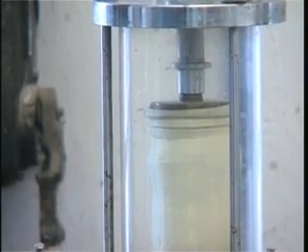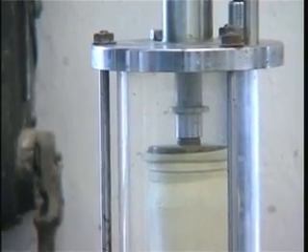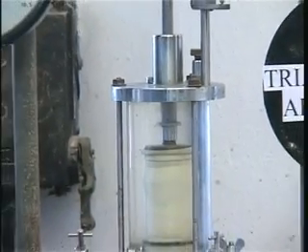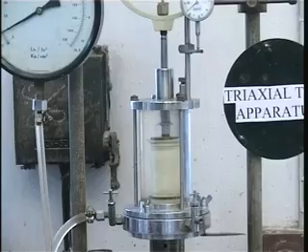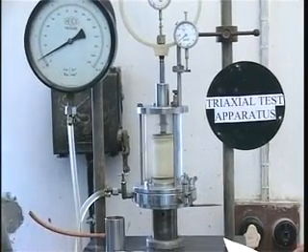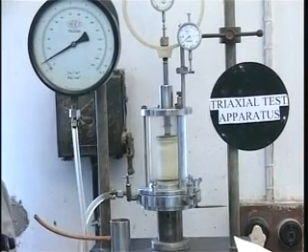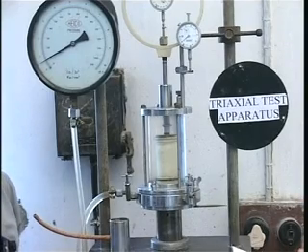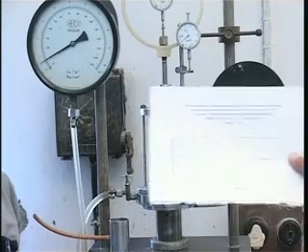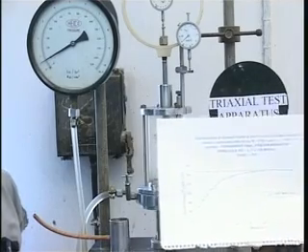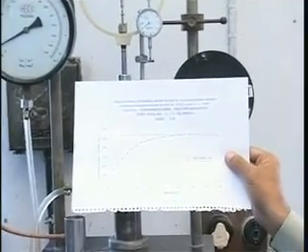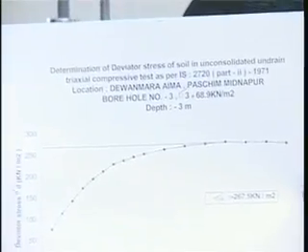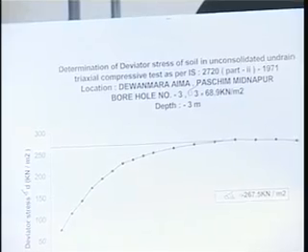And the way the data are analyzed is by calculating the axial stress the sample is being subjected to, and plotting the axial stress versus the axial strain, which is the change in length of the sample in the axial direction divided by the original length of the sample. We prepare a plot of the axial stress minus the cell pressure.